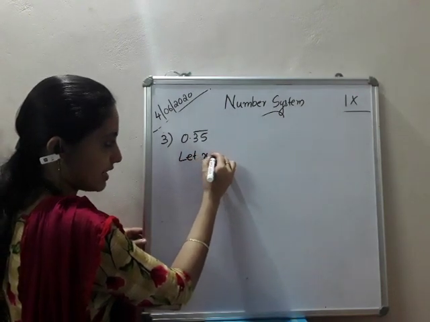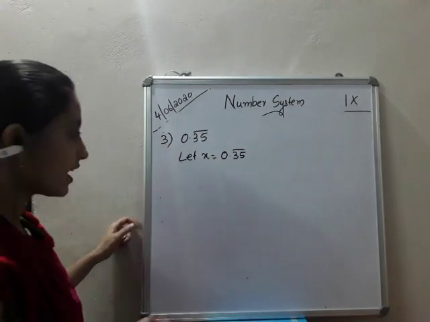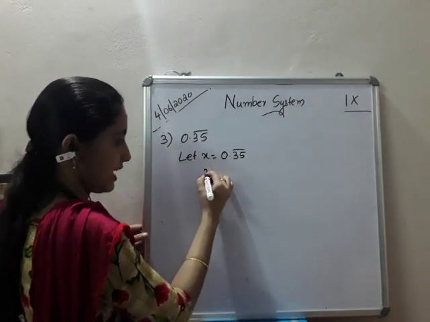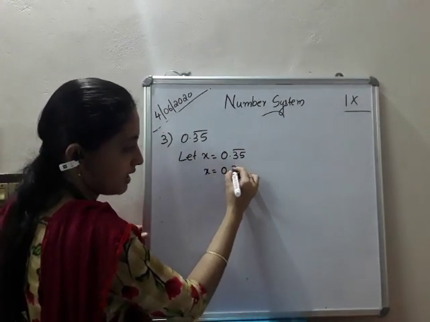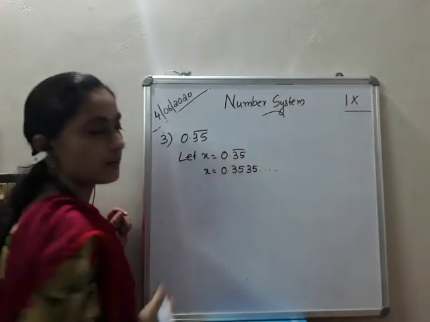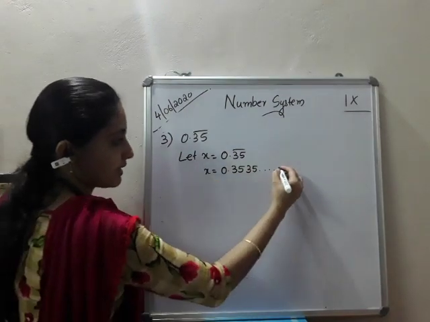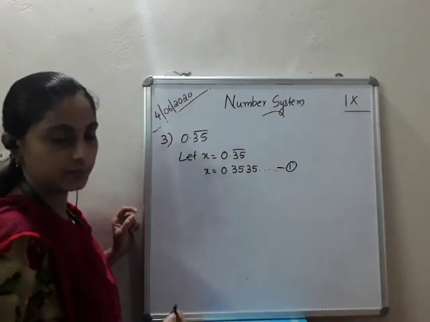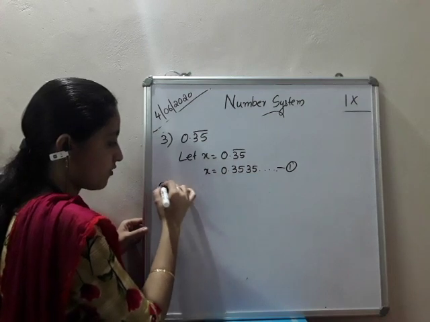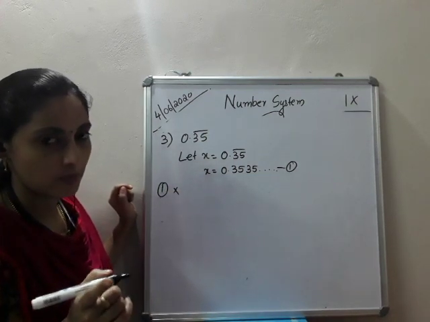Yes, let x is equal to 0.35 bar. Okay, so what is the next step? It's expanding, that is 0.35, 35, etc. Clear? Then what will be the next step? Mark that as equation number 1. Then equation number 1 into not 10, it will be 100.